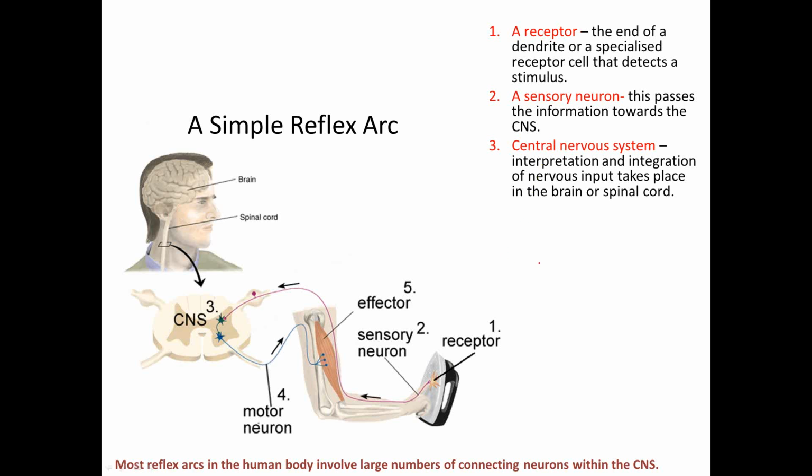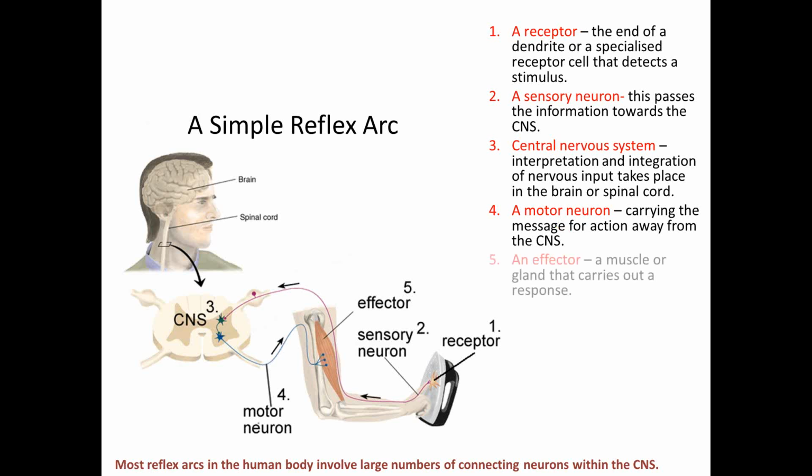It is in the central nervous system, whether that be the spinal cord or the brain, that the interpretation and integration of nervous input takes place. Once interpretation has taken place and the response is decided upon, then the next part is the transmission of a message through a motor neuron, carrying the message for action away from the central nervous system.